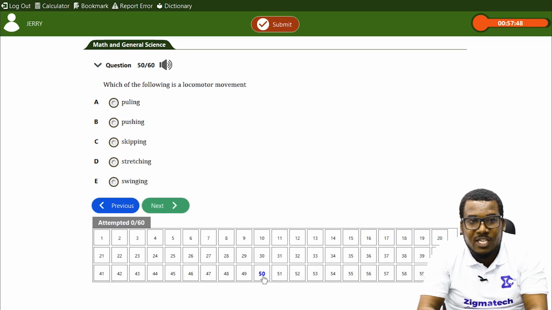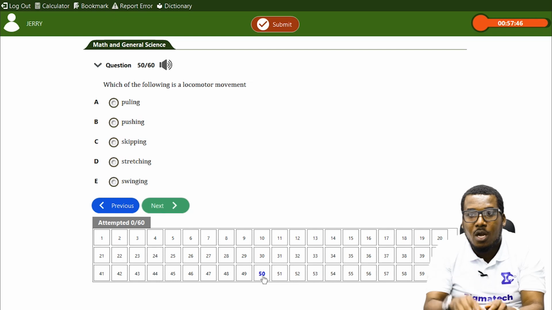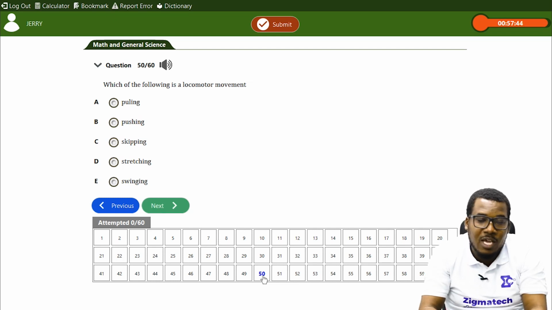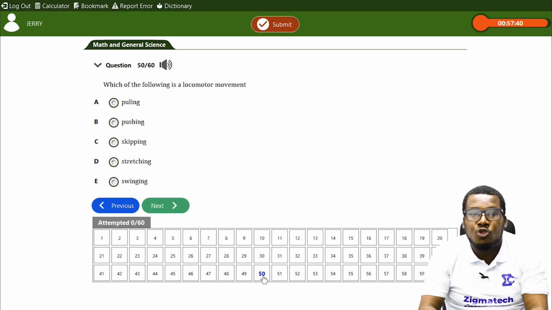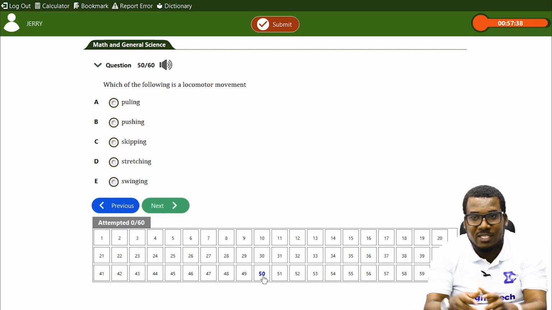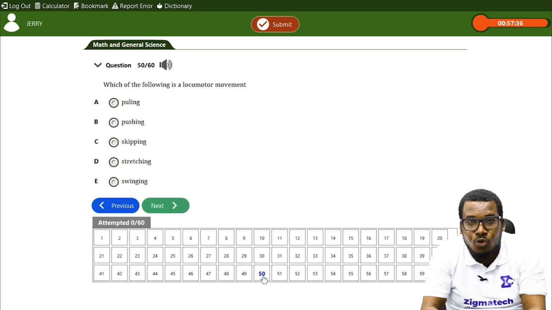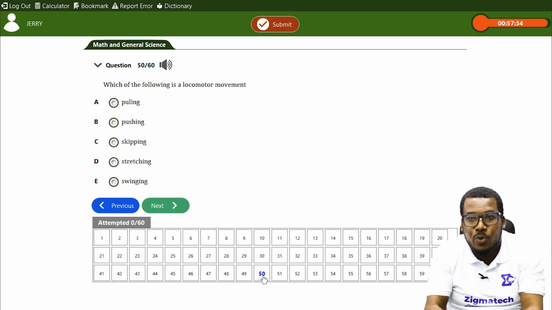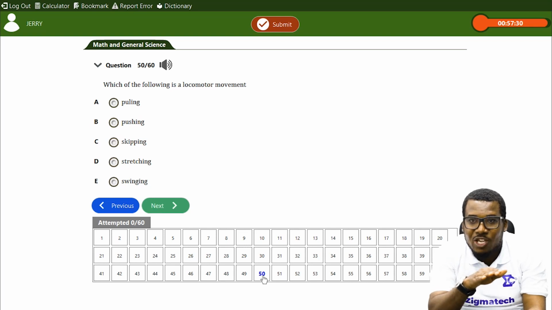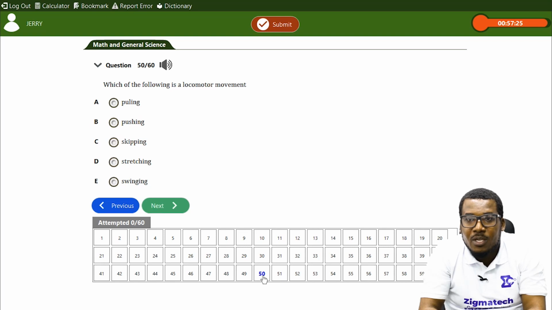The next one is skipping. Skipping has to do with hopping, and it's linked to hopping and galloping. You tend to use it also when we're doing our exercises and our movements. We tend to skip and do it in an organized, rhythmic, unified manner.